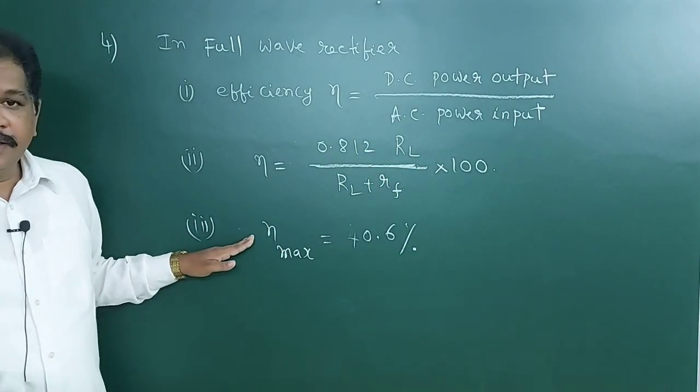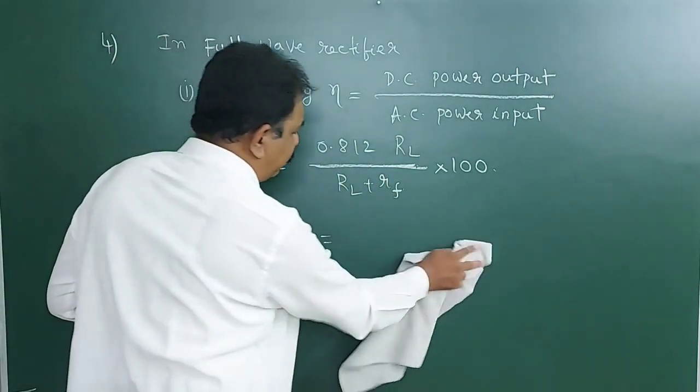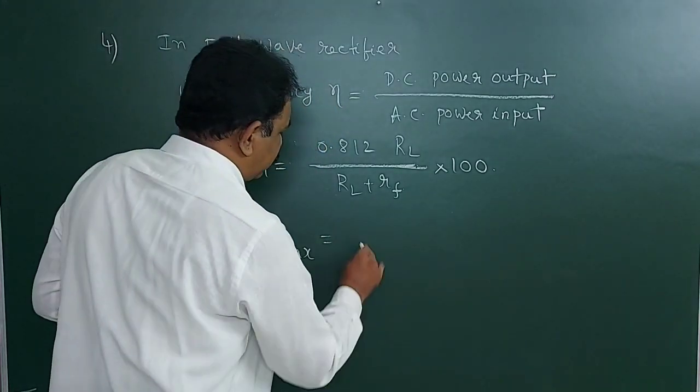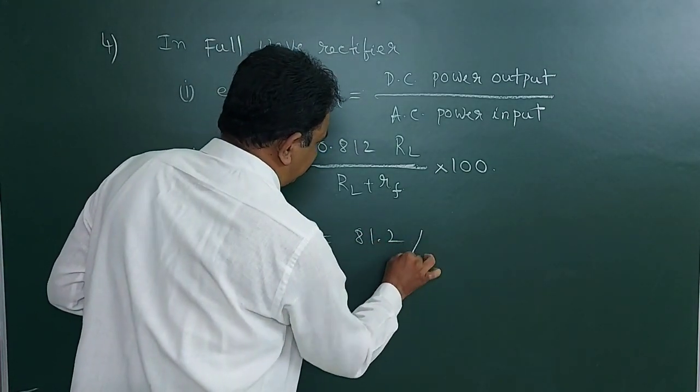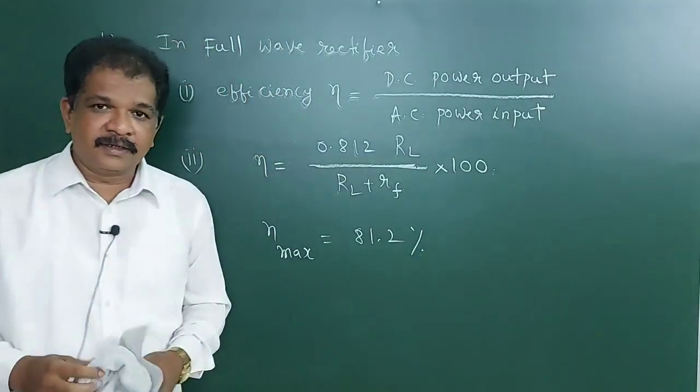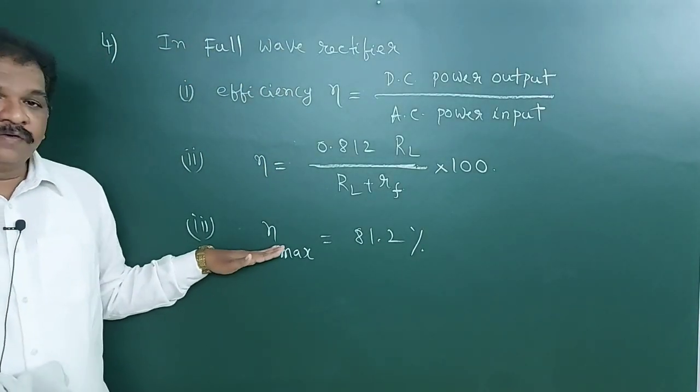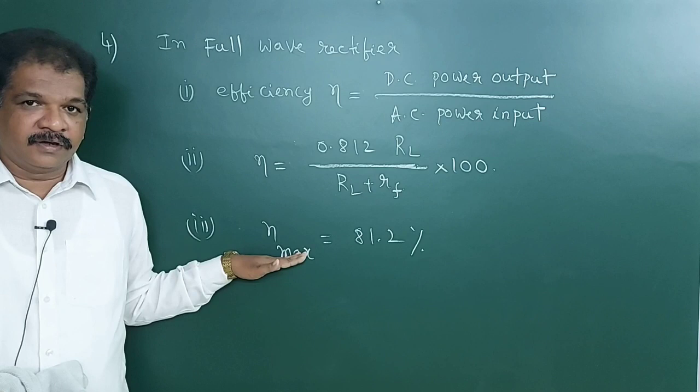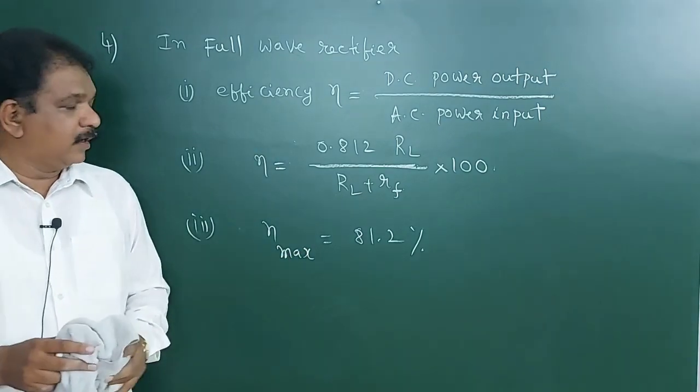For an ideal diode, efficiency will be maximum. So it becomes 81.2%. So this is the formula for efficiency of the full wave rectifier.